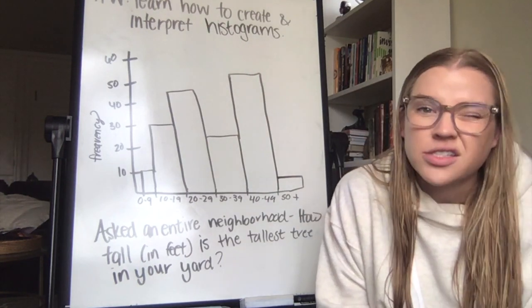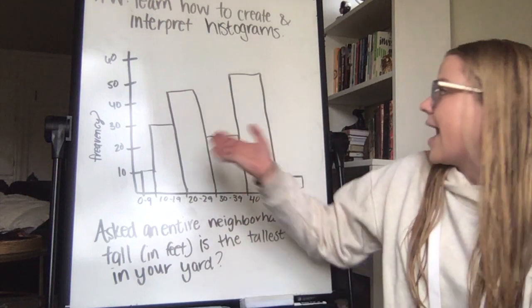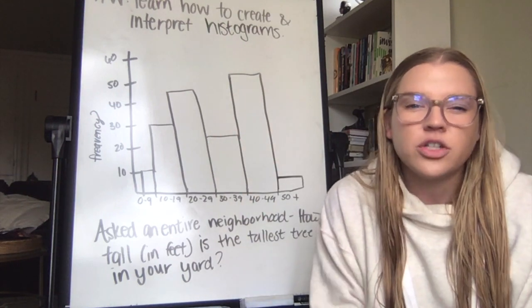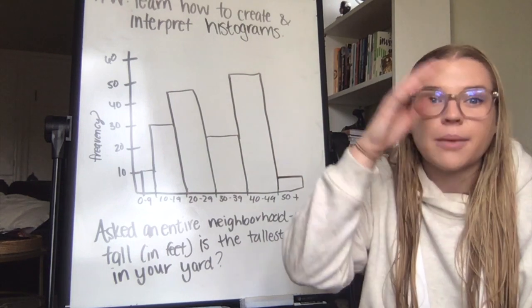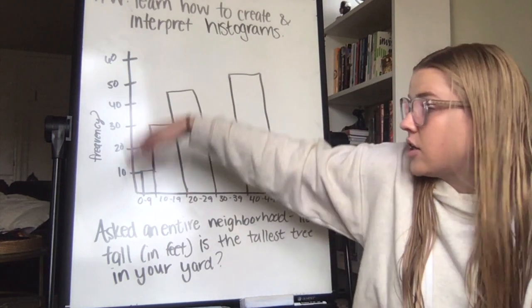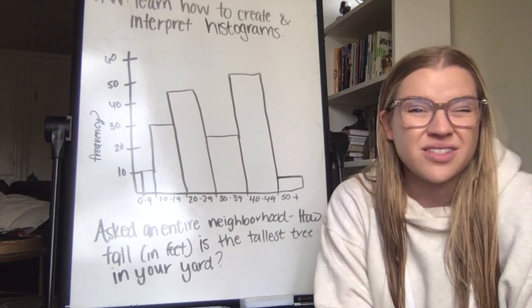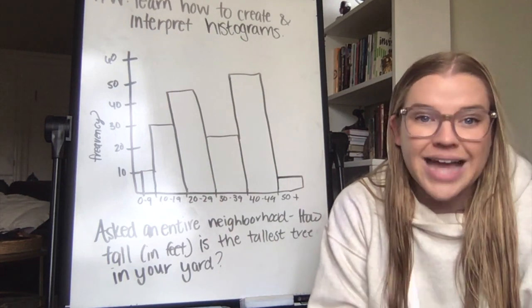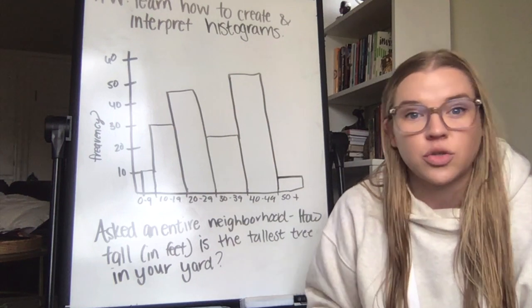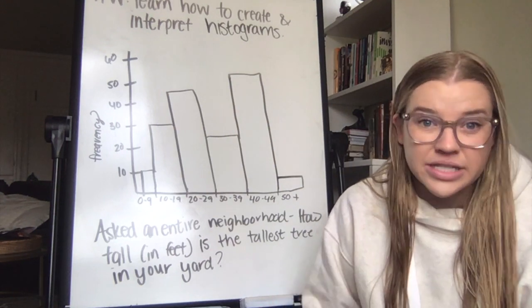It means that my tallest column in this example had less than 60. So you'll see throughout about how many people were in the neighborhood. But I just want to show you that this frequency column is not always going to count by ones. Sometimes it's going to count by tens, 20s, hundreds, thousands, millions. You get it. That depends on how many people answered the questions or how many answers that you received.